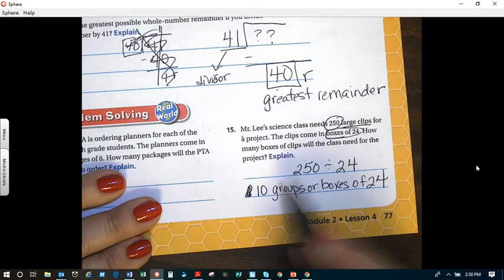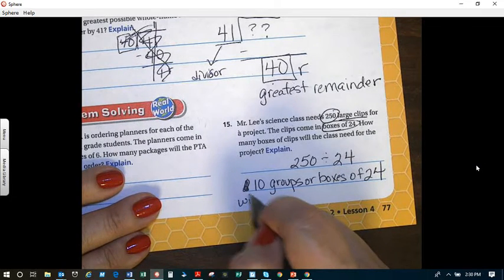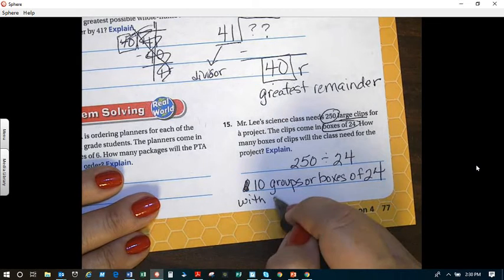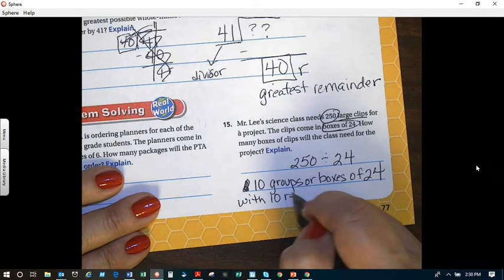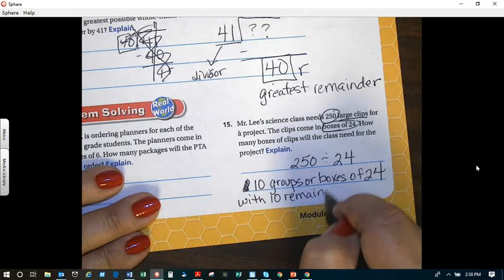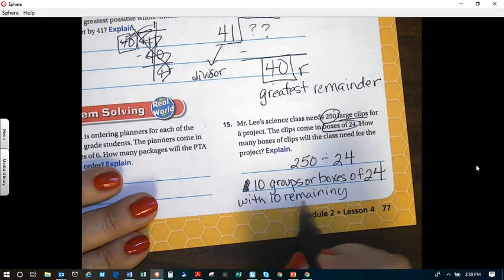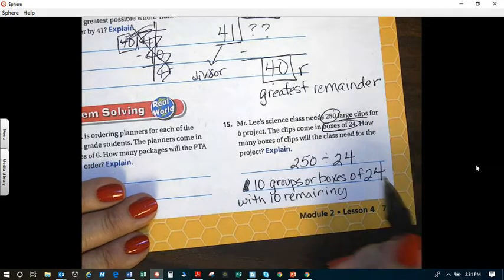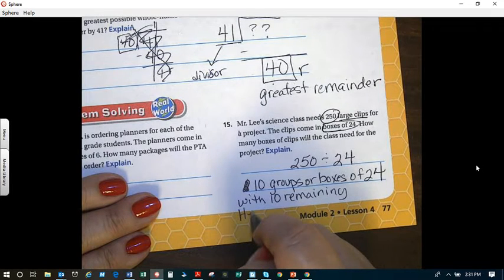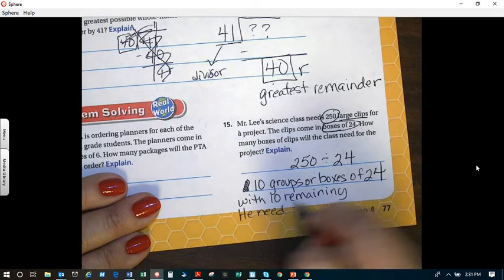That's what he has there, and then he had 10 remaining. So how many boxes does he need to have? He'll still have 10 more that he needs. So he needs to buy 11 boxes to complete his project.